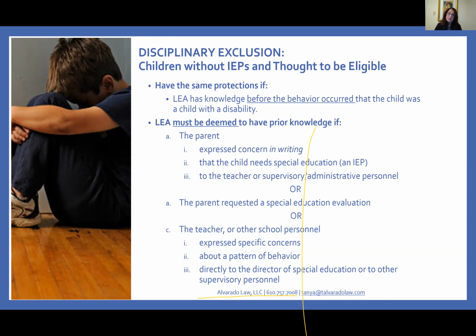If you haven't sent the email and your child isn't getting evaluated, the other way your child can be protected is if the teacher or another school district personnel express concerns about the behavior or the pattern of it to one of the supervisors. In that situation, your child can also be protected.